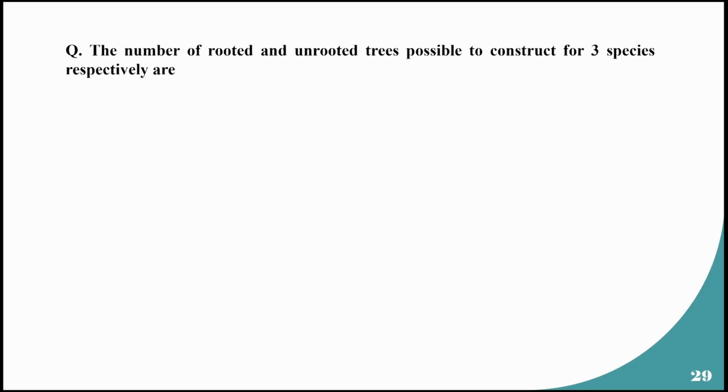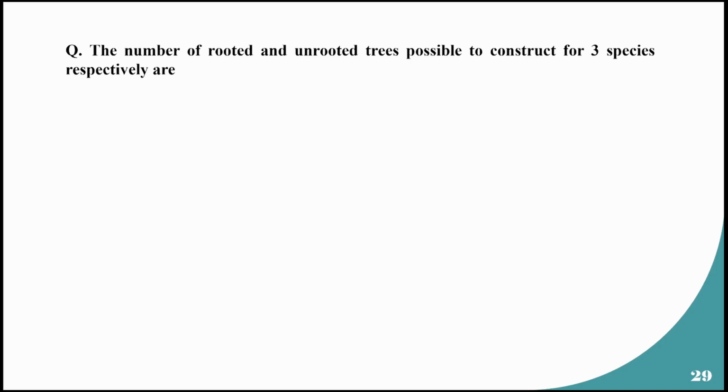So if you try to calculate tree topologies, will the number of possible unrooted trees be higher, or the number of possible rooted trees? Rooted one. Yeah. So we'll see that in the next slide as well.